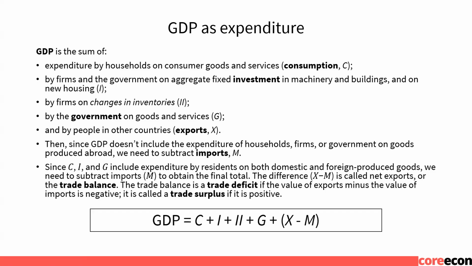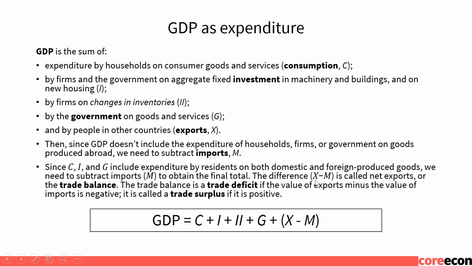But notice, whatever is imported into this economy is already in these three accounts, right? So by adding imports, you would have definitely double counted. But also keep in mind, this is not the income received in the domestic economy. So we are taking out the imports for that reason too.